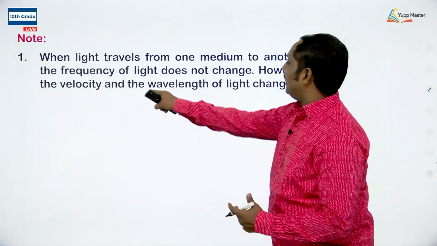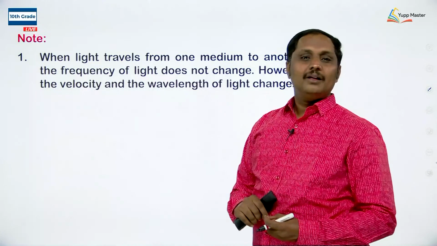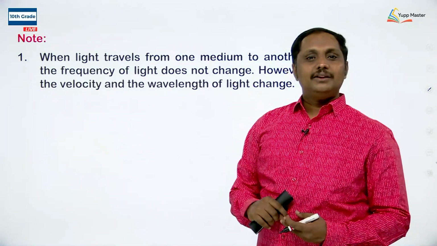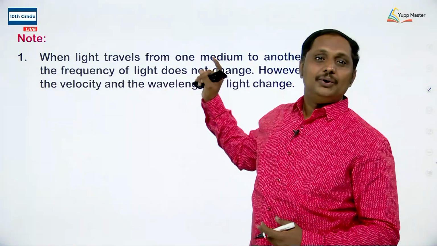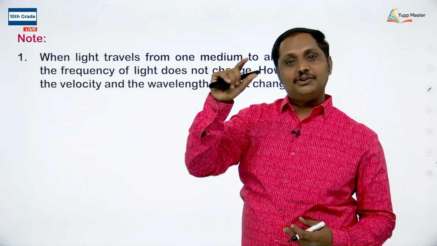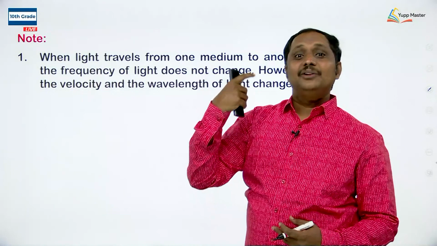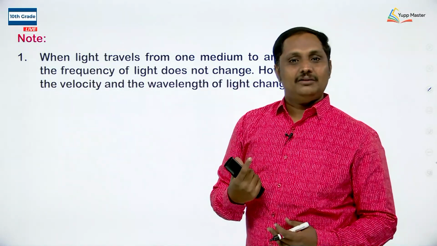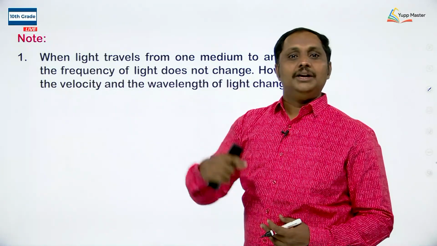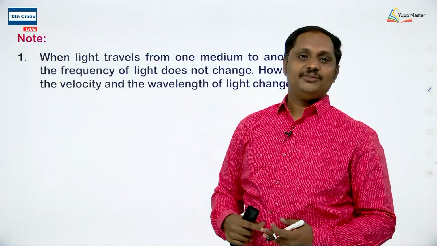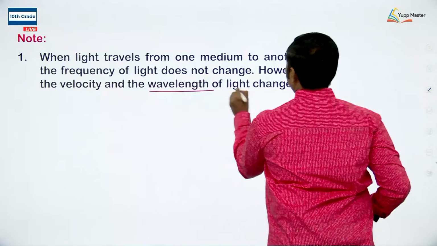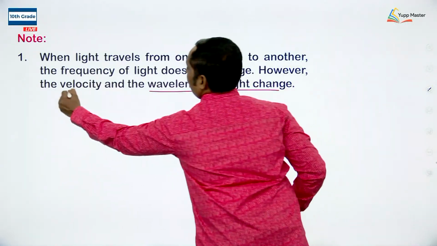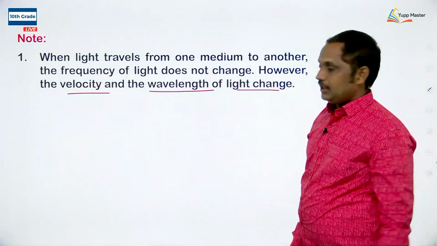The wavelength is going to change when it enters from rarer to denser, or different media having different densities. So, the wavelength of the light is going to change, and the velocity is also going to change.